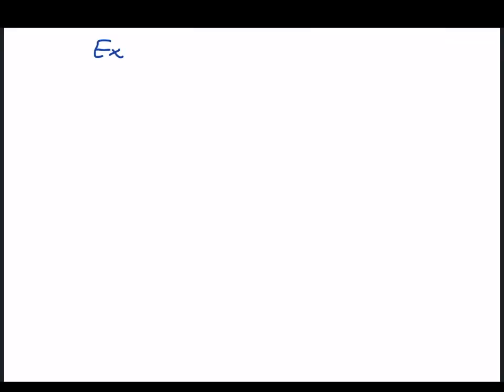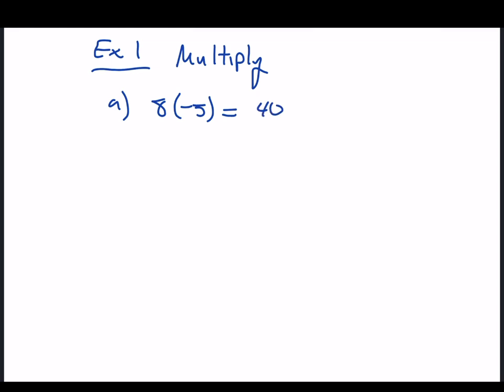Let's do an example. Example 1. We want to multiply. In part A, we have 8 times negative 5. Each of our factors here has a different sign. The 8 is positive and the 5 is negative. 8 times 5 is 40, and since we have different signs, it's negative. Part B. Negative 12 times negative 3.